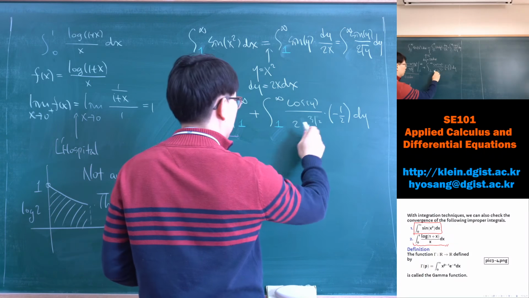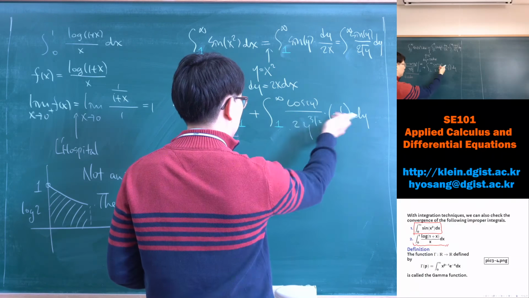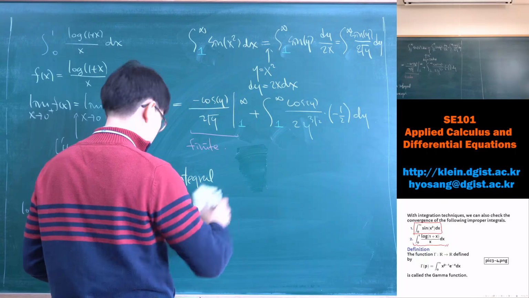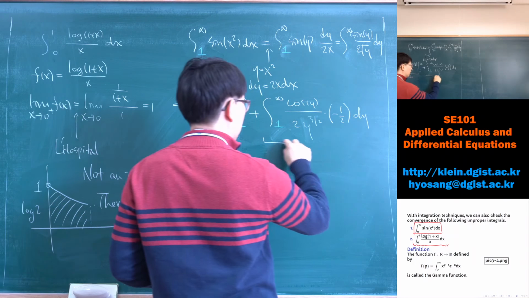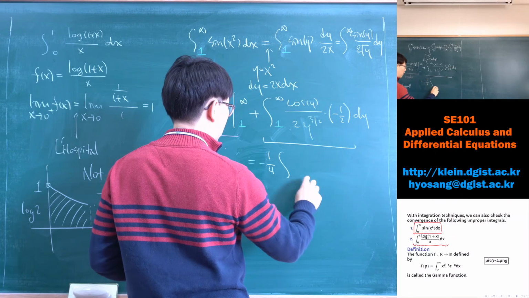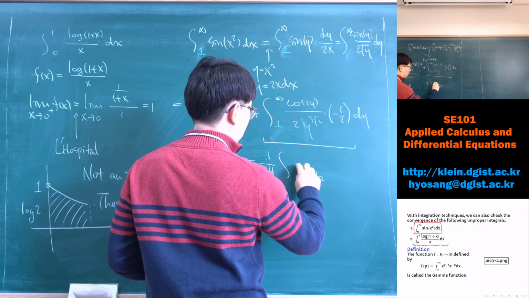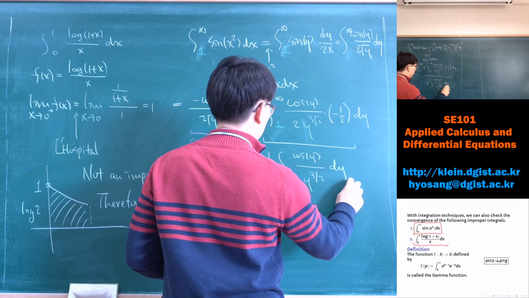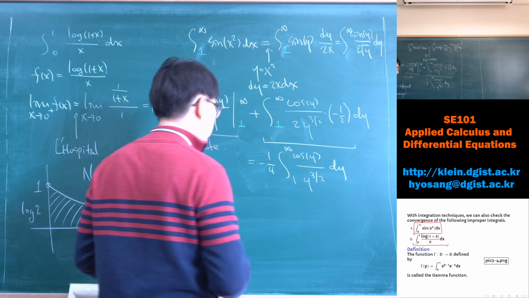However, let's take this constant part away. So this part is nothing but minus 1 over 4 times the integral of cosine y over y to the 3 over 2 dy from 1 to infinity.